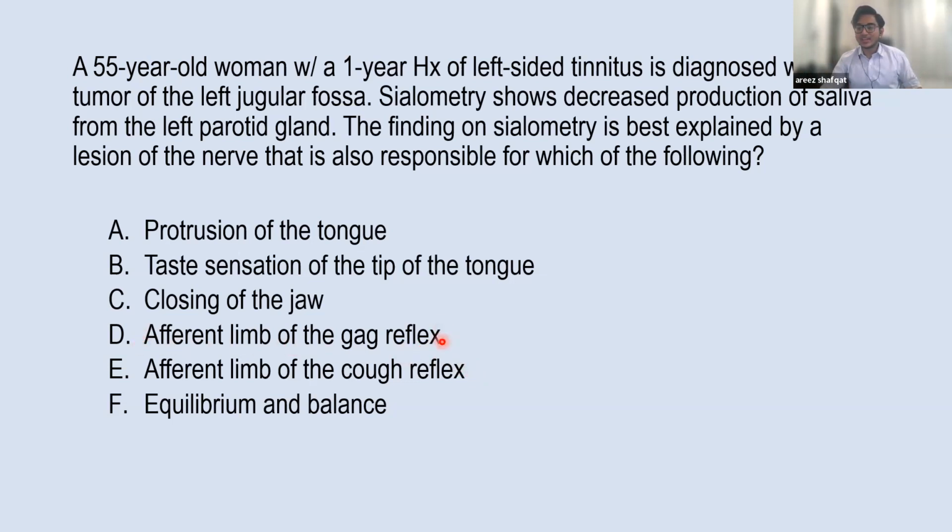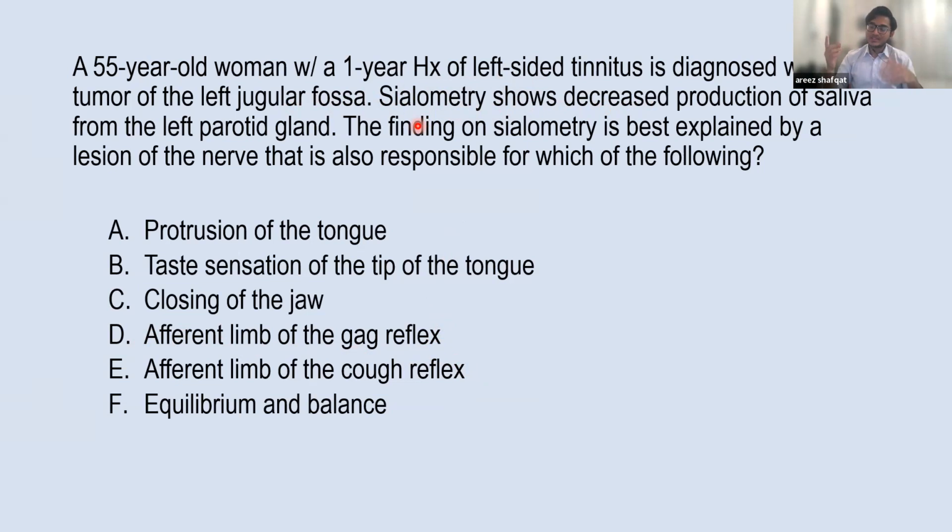Now, afferent limb of the gag reflex. Good. So the other hint that they gave you in the scenario, other than the jugular foramen, is decreased production of saliva from the parotid gland. You guys should know that the glossopharyngeal nerve innervates the parotid gland. The facial nerve innervates the submandibular and sublingual glands. So there's three major salivary glands, and there's a number of minor salivary glands.